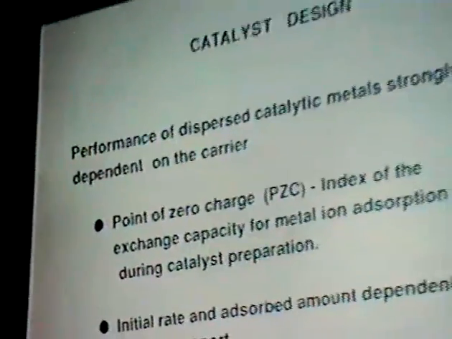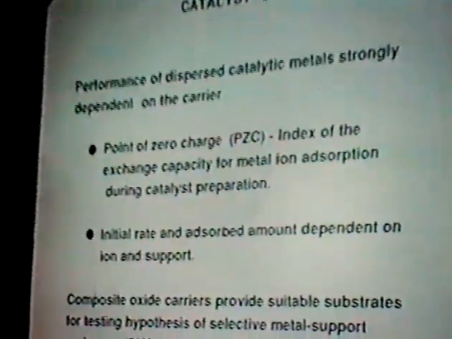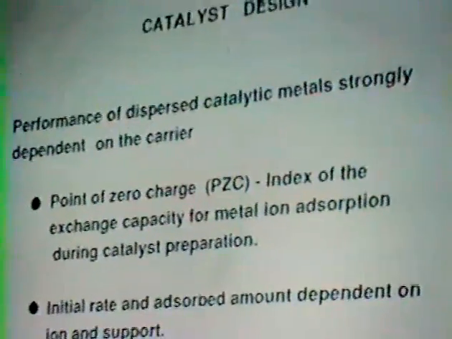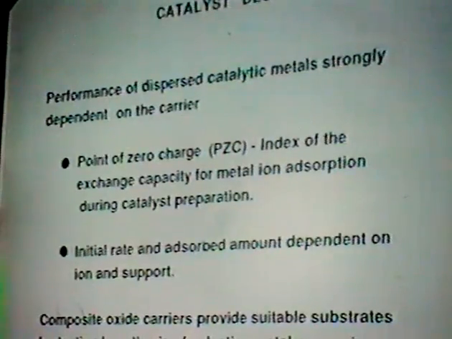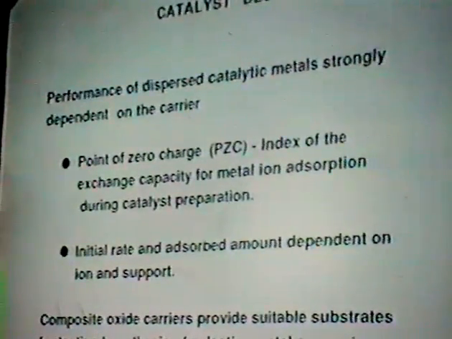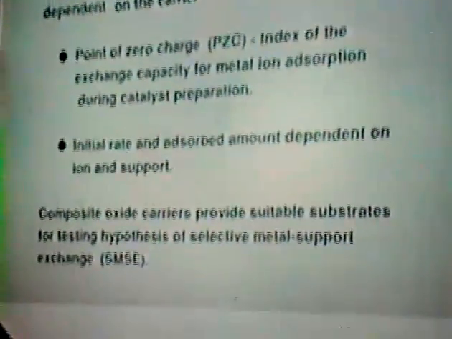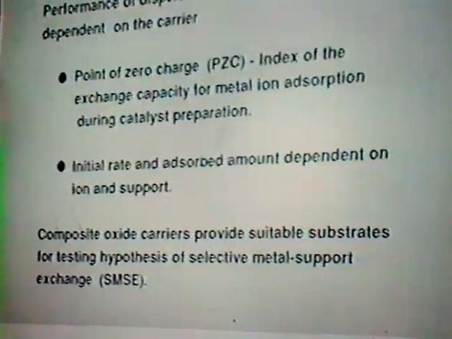Portions of the work that I'll be talking about today were supported by the Department of Energy, Basic Energy Sciences. Now, in catalyst design, it's well known that the performance of the dispersed catalytic metals is strongly dependent upon the carrier. If we consider those systems in which the driving force for the transfer of ions from solution to the oxide support is through electrostatic interactions, then there are two important considerations.